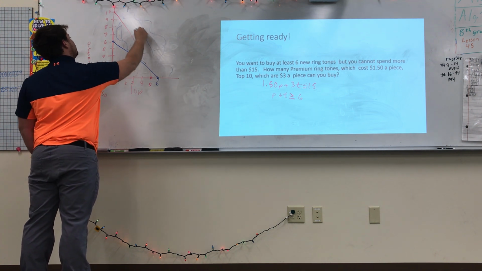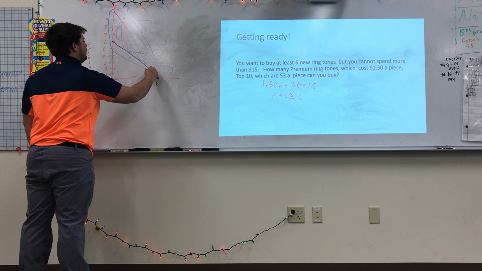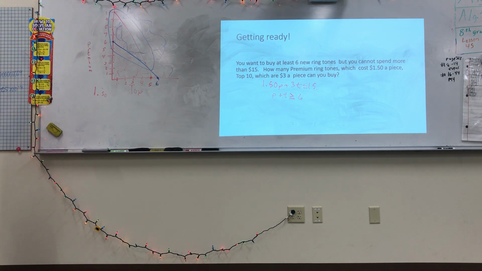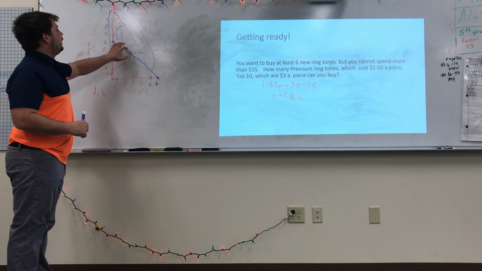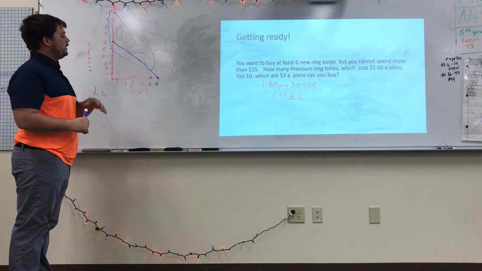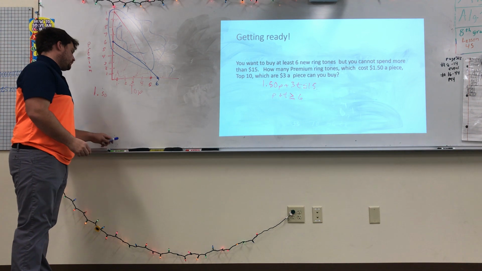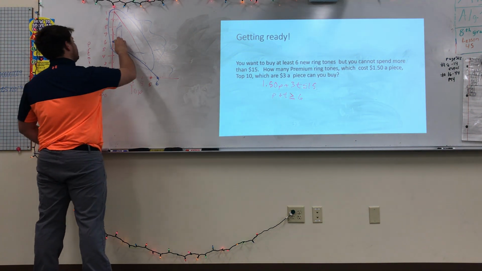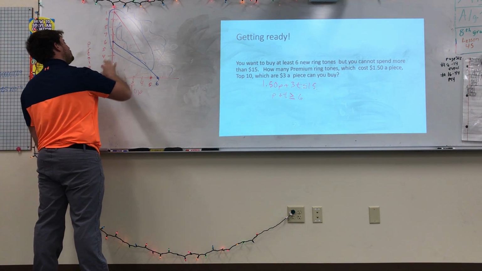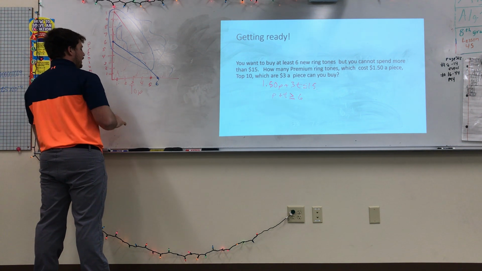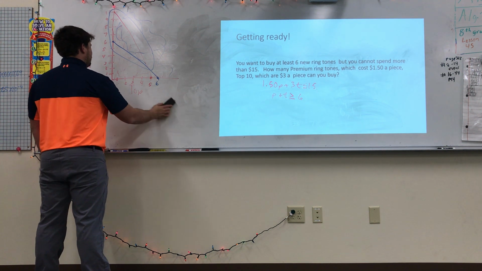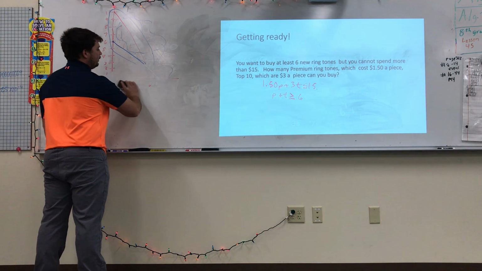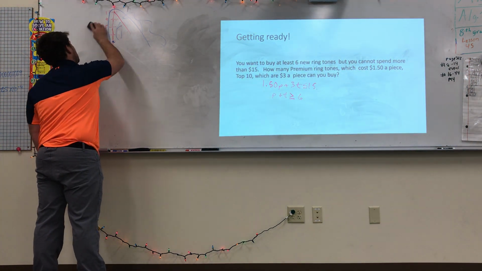So the area in which we can buy for solutions is going to be right here, in between the red and the blue where they're both shaded. Okay? So that is your answer for that. You could choose any selection in here and get the right answer, because there's more than one way to do this. But you have to at least do it that way.